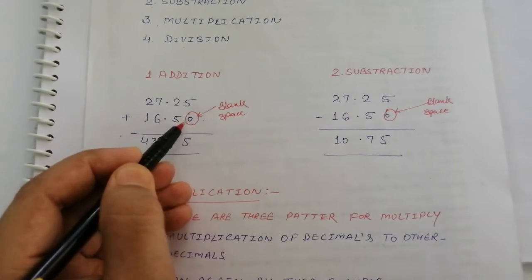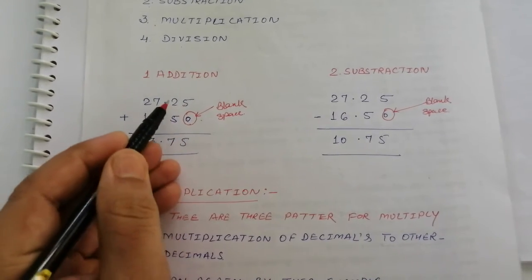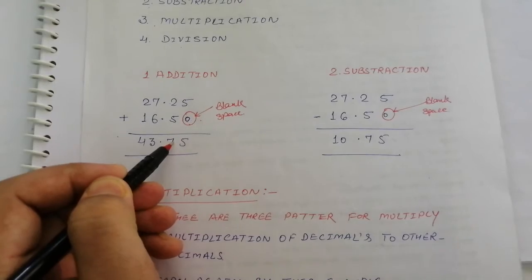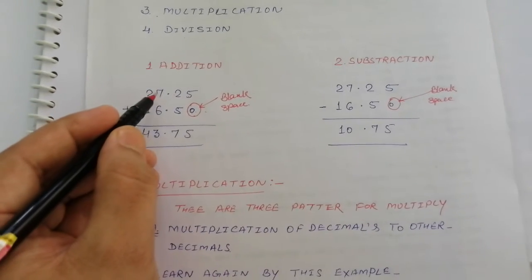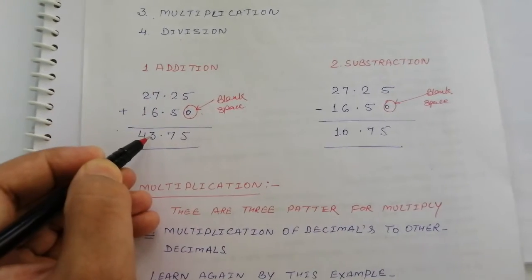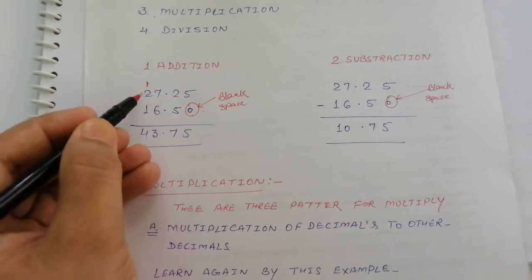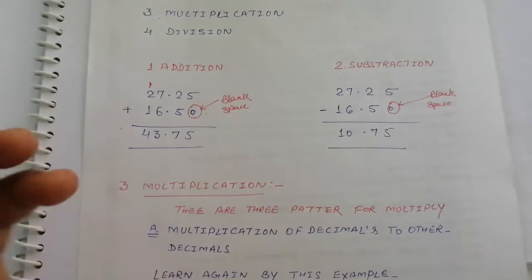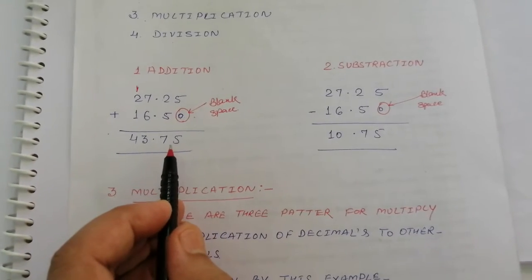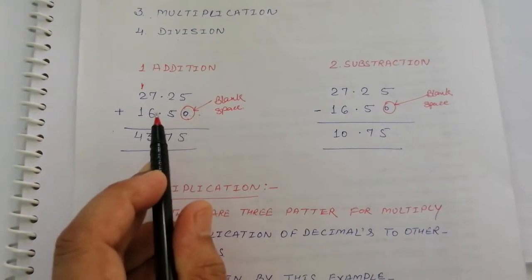Then 0 plus 5 is 5, 2 plus 5 is 7, and addition of 7 and 6 is 13, but it carries 1, and then 4. Now the answer is 43.75. This is the pattern of addition.